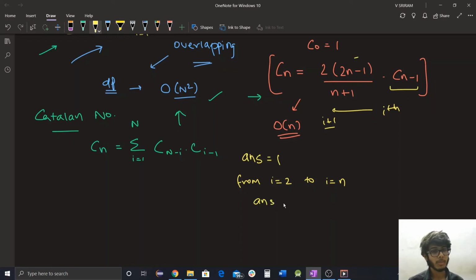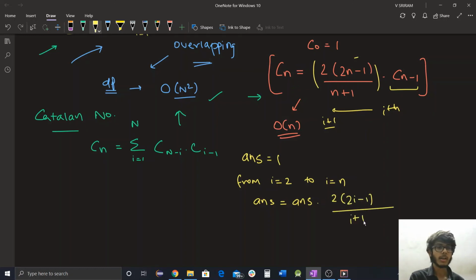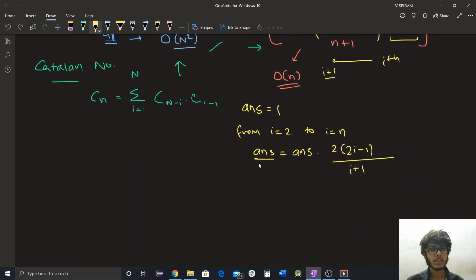What we mean by updating is nothing but multiplying answer by this value, and this value would be nothing but 2 into 2i minus 1 upon i plus 1, and whatever the value of the answer is after performing these operations, that would be f of n, which is the number of binary search trees that we can possibly generate from the first n natural numbers.